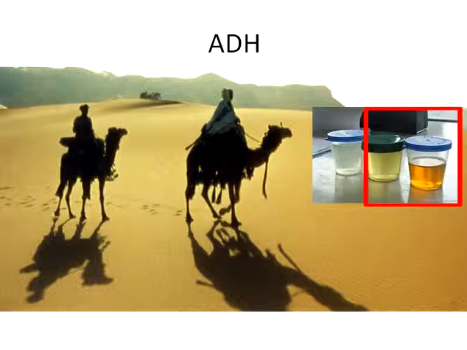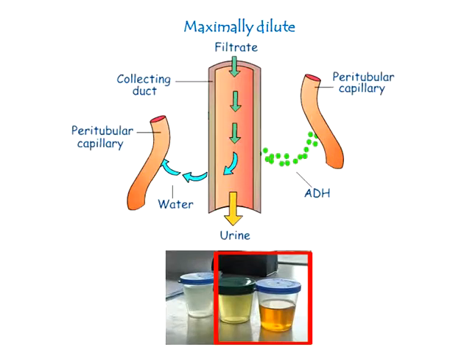ADH is essential when we are volume depleted or dehydrated. So when urine arrives to collecting duct, it is maximally dilute, 50 to 100. It is then concentrated in the collecting duct as long as we have ADH and as long as we have good medullary gradient.